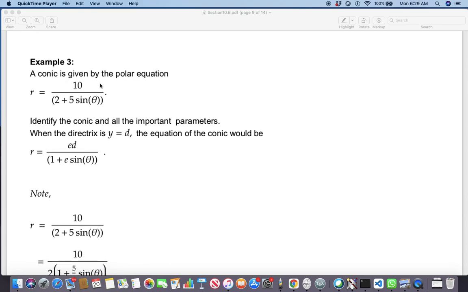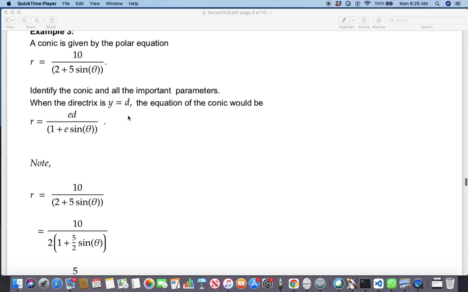Example 3, a conic is given by the polar equation r equals 10 over 2 plus 5 sine theta. Identify. So sine, the presence of sine tells me my directrix is y equals d. Moreover, d will be obtained from the numerator.